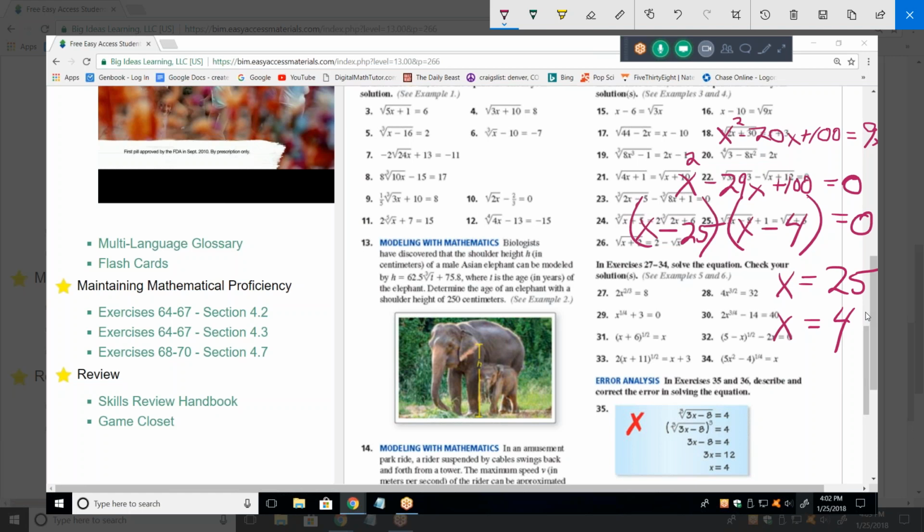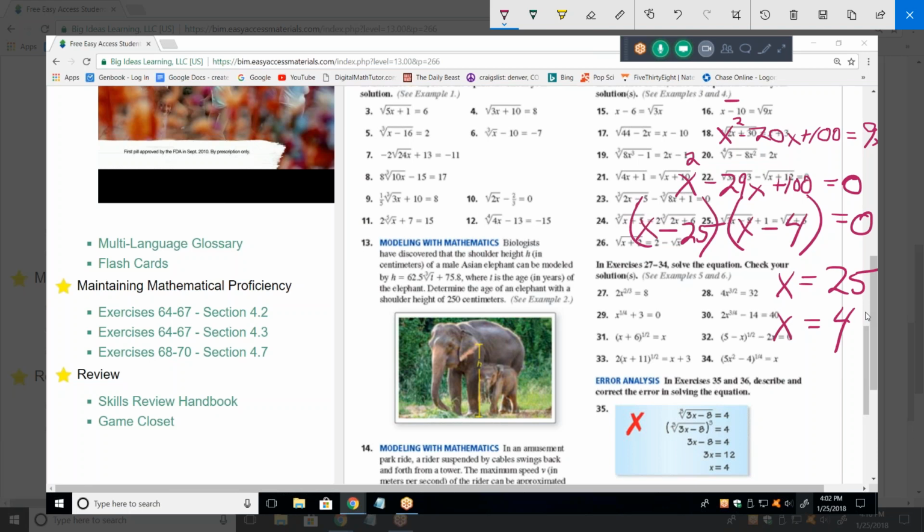No? 4. Notice why. 4 makes this side negative. Well, you can't take the square root of a number and get a negative number. So there's no way that 4 works. You know what I'm saying?